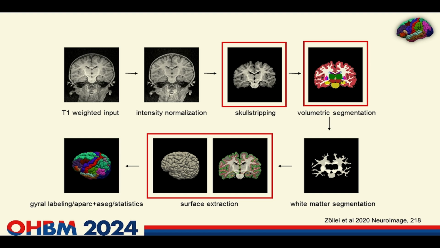So T1 weighted input image, you do some intensity normalization, some corrections, and then skull stripping, basically getting rid of everything in the background that's not the focus of your analysis, then there's some volumetric segmentation, basically aligning anatomical annotations to various brain areas. And then you do surface extraction and then do the parcellation, as you have heard in the talk before.